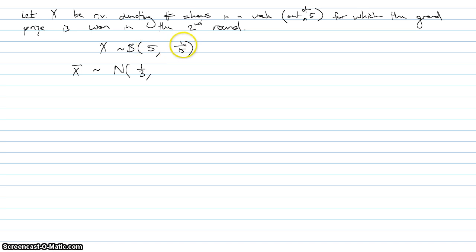So 5 times 1 over 15 times 14 over 15, that turns out to be 7 divided by 1350. This is approximately true by the CLT because n equals 60, bigger than or equal to 50, is large.